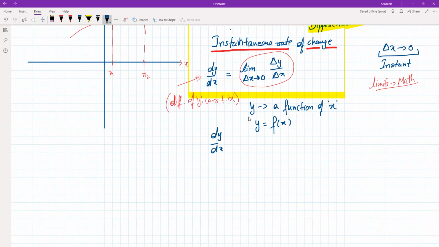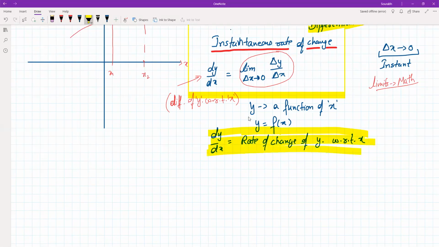It is the rate of change of y with respect to x. That is the first application of differentiation. That is actually the need for which differentiation was introduced, or it came into picture.